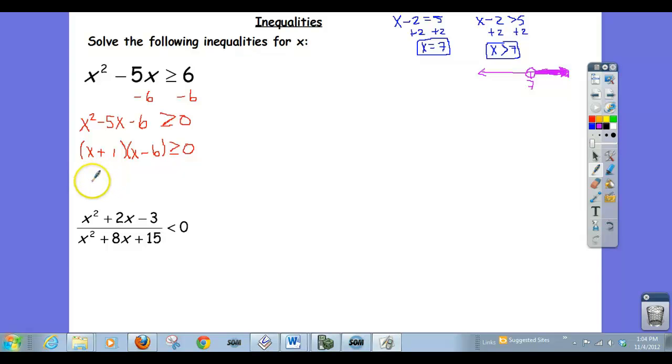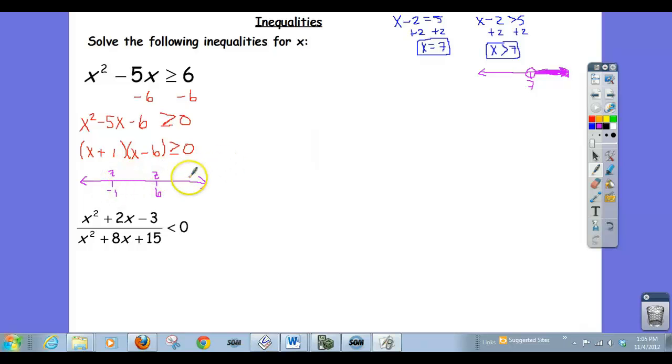So we're going to use a number line to gather our answers. You'll notice that in this unit, number lines play a very key role, and that's because they're helpful in getting all your information in one place. So the zeros are negative 1 and 6. That's a 0, and that's a 0.